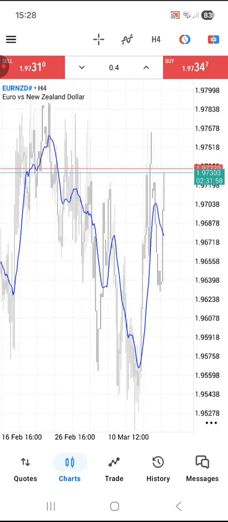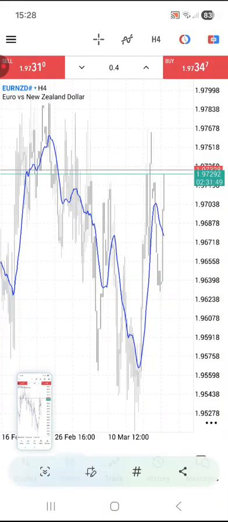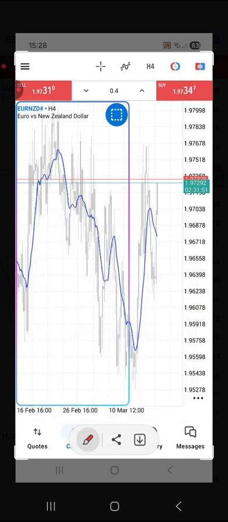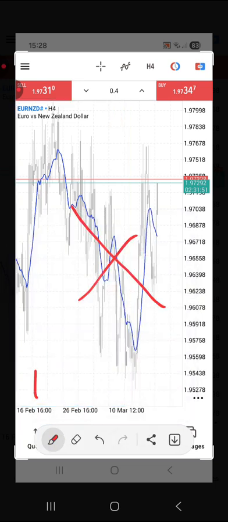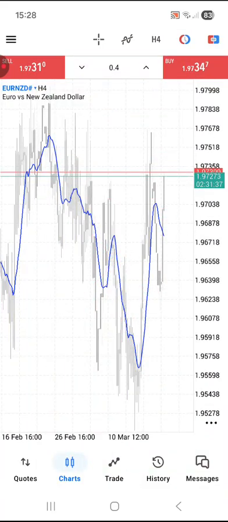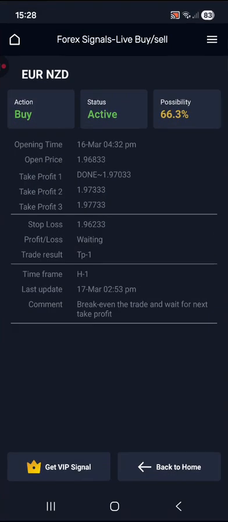We only buy it when it's below the blue line. But right now the price is above the blue line. So what is this? This would be no buy. I would not do this signal. I would not do the trade that this signal is telling us to do. We will only be buying if it's below the blue line. Okay? So let's move on to the next one.